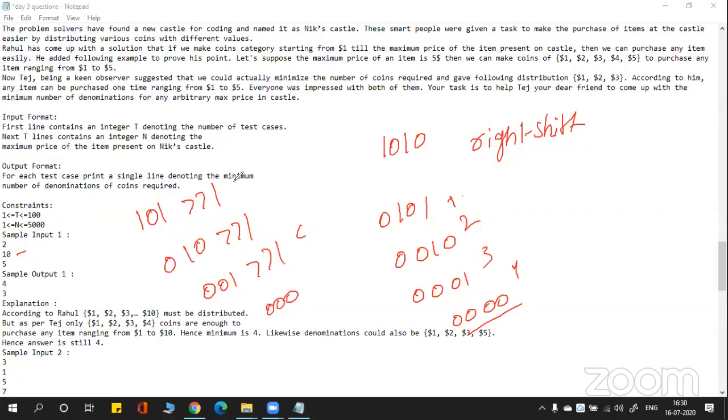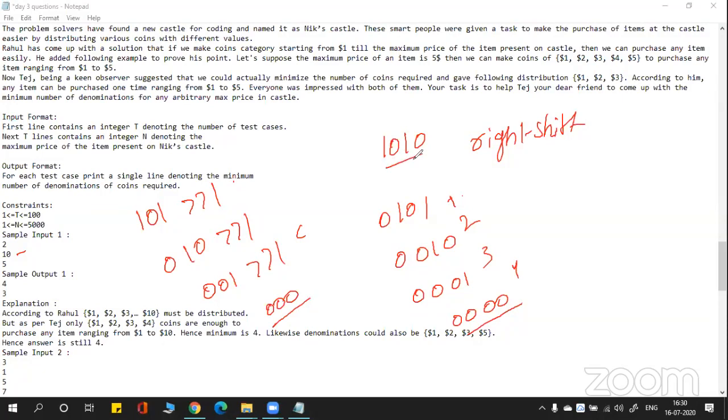If you observe, you are doing right shift, and it becomes 0 when all the ones are removed. That will tell you how many bits are required minimum. So this is one way: represent a number in binary format and keep doing right shift operation until you get a 0, because every time you do right shift, one bit will be removed.